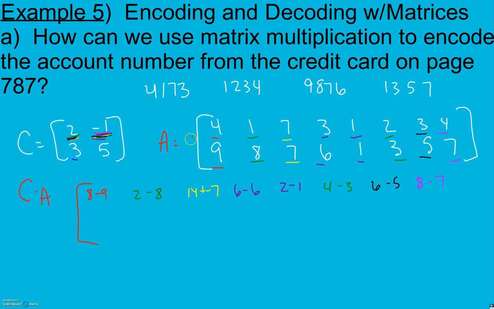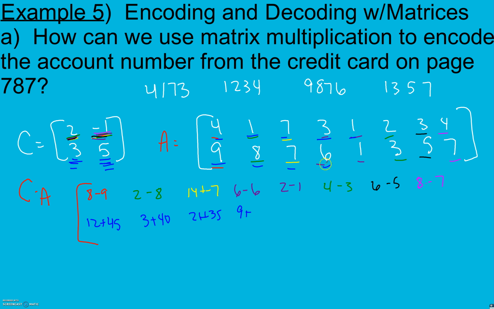Same thing on the bottom. 3 times 4. 5 times 9. 3 times 1. Plus 40. 3 times 7. 5 times 7. 3 times 3 is 9.